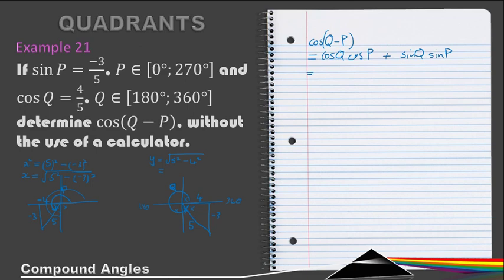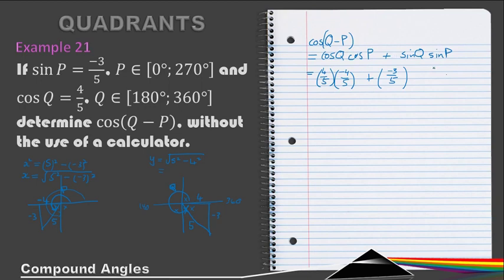We're given sin P already and cos Q. So cos Q is 4/5, and for cos P, cos is adjacent over hypotenuse, so adjacent is this side over here, so it's -4/5, plus sine Q times sine P. Sine Q is opposite over hypotenuse, so -3 over 5.